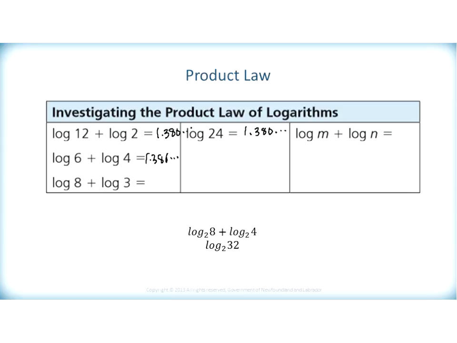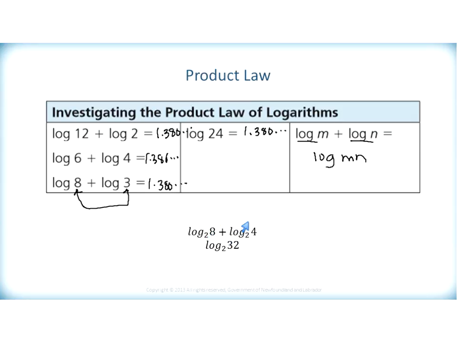Here we can see that since 8 times 3 would be equal to 24, the product law says that the sum of two logarithms with the same base is equal to log of m times n. And so we have log 8 base 2 plus log 4 base 2.